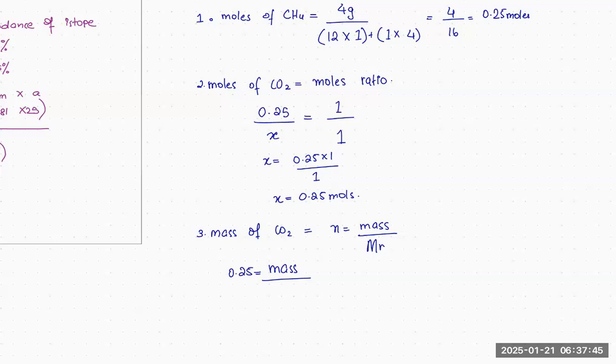Oxygen is 16. Where am I getting the values from? I'm getting them from the periodic table. And there are 2 oxygens. So you'll simply solve, and the mass of carbon dioxide comes out as 11 grams.